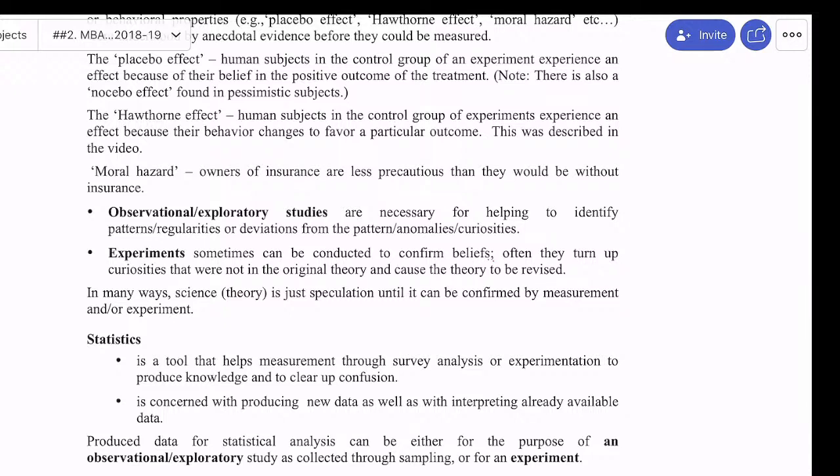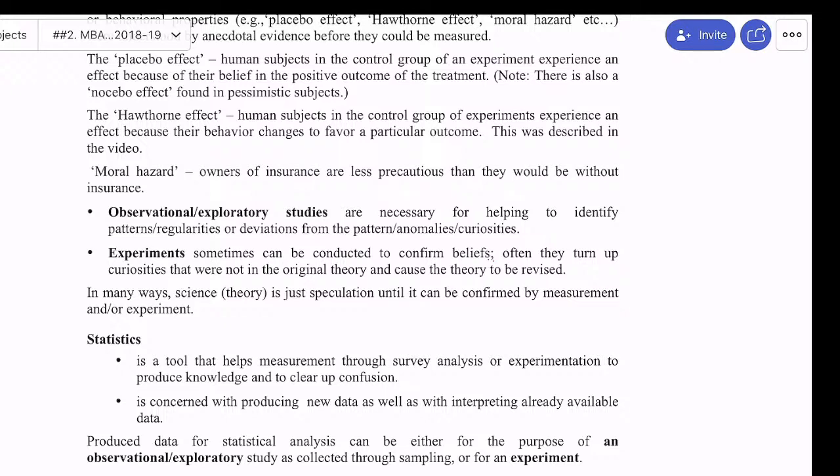So we use observation to help derive hypotheses that can then be tested in experiments as much as we can. Now there are going to be barriers to being able to do that. There are often obstacles in creating experiments.